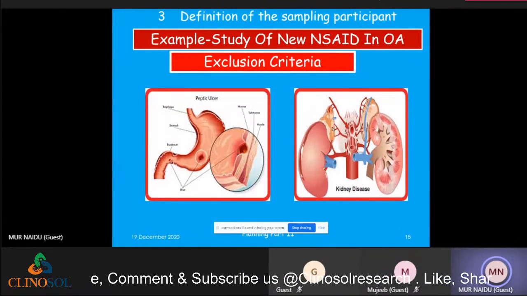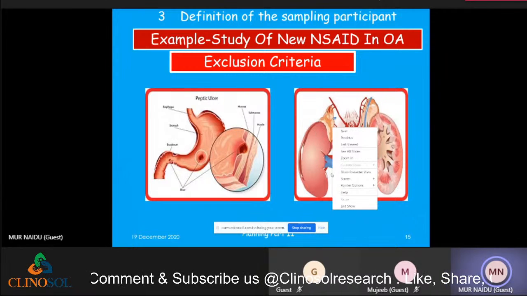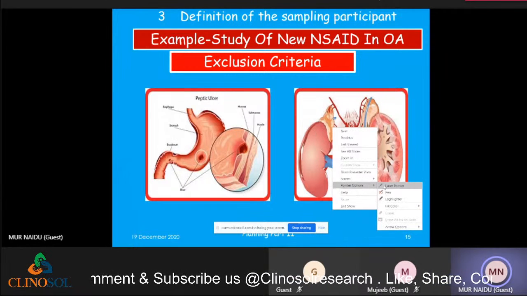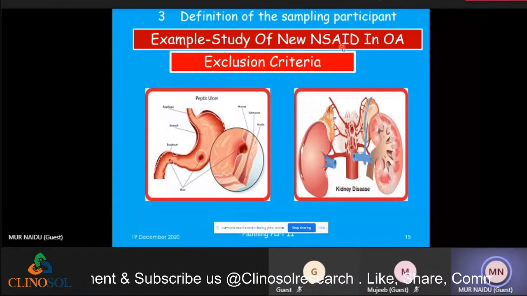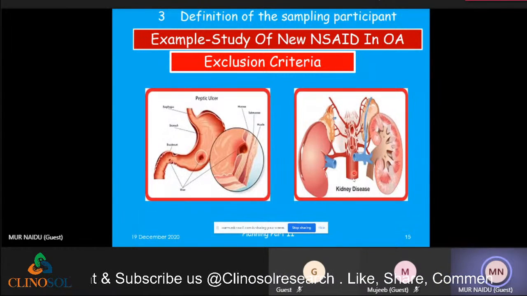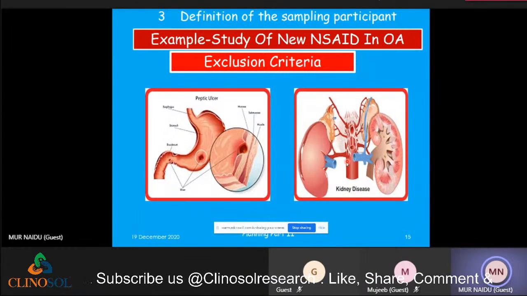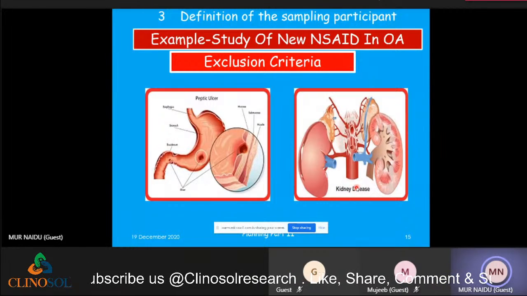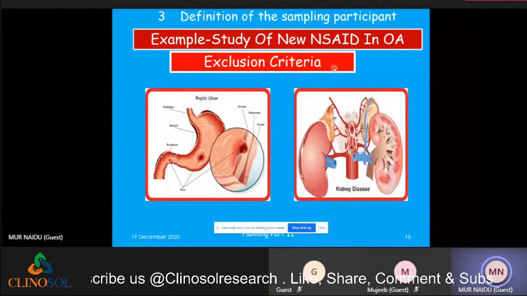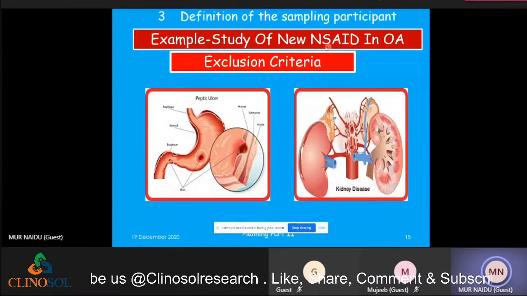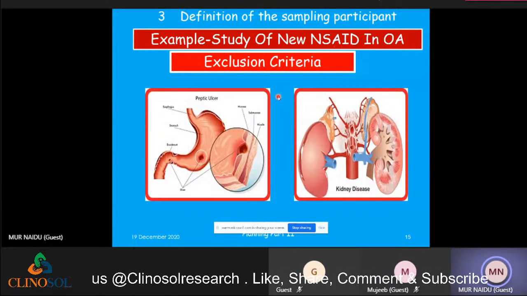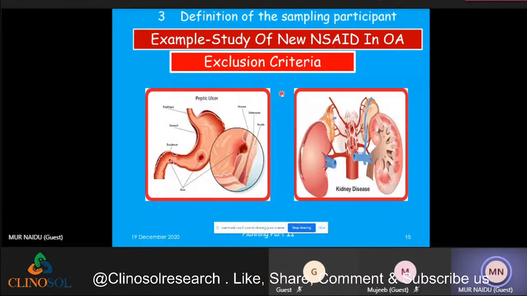The second thing I just wanted to tell about is that non-steroidal anti-inflammatory drugs also cause renal problems. So if there is a kidney disease, again it becomes an exclusion criteria. So for my study, I have mentioned inclusion criteria and exclusion criteria.